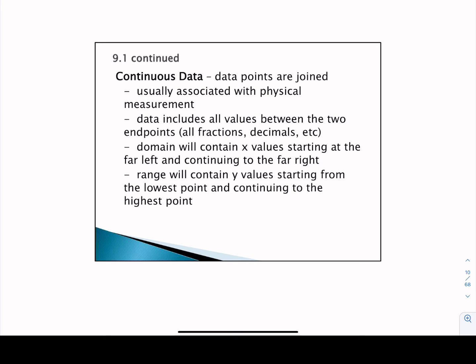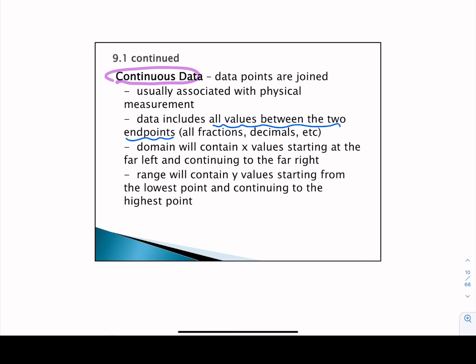Data that's not discrete can be considered continuous. So continuous data are essentially data points that are joined. Usually, these are somehow associated with a type of physical measurement. So data of this type, if it's continuous, includes all of the values between your 2 endpoints.